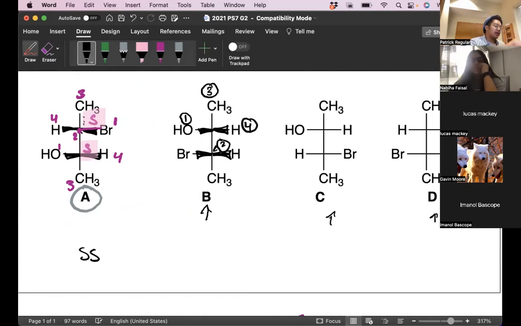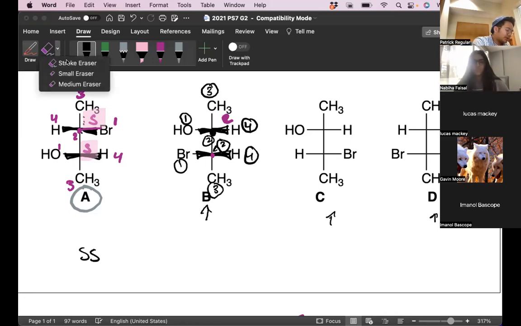If I were to look at that, that would be R. Then for this carbon, this would be 1. This carbon right here would be 2 because it's connected to that oxygen. 3, 4. I'm going to erase these to make some room.